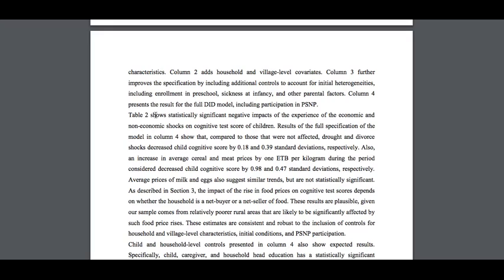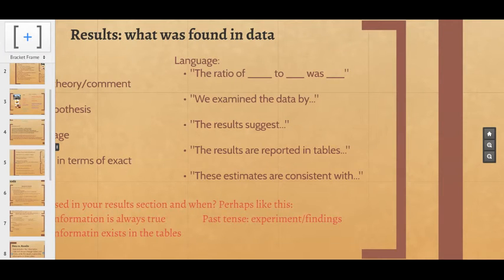So, for example, Table 2 shows statistically significant negative impacts. That's in the present tense, right? But then down here, children with caregivers and household heads that have completed at least 5th grade also exhibited, because that happened in the past. This is present. They have completed it. That's true now, but they exhibited in the past. So you can do both. Present and past tense, depending on the situation.